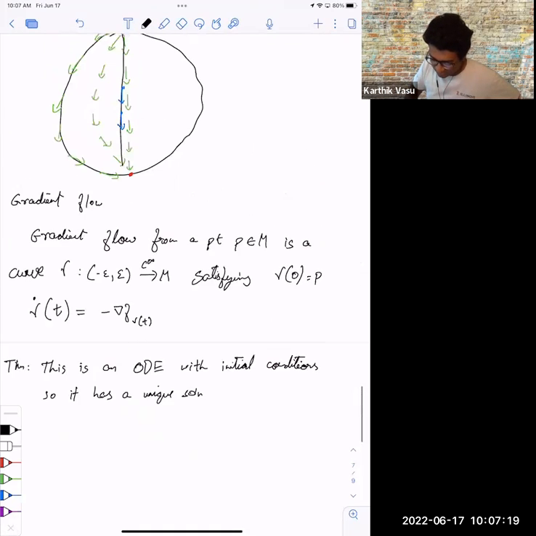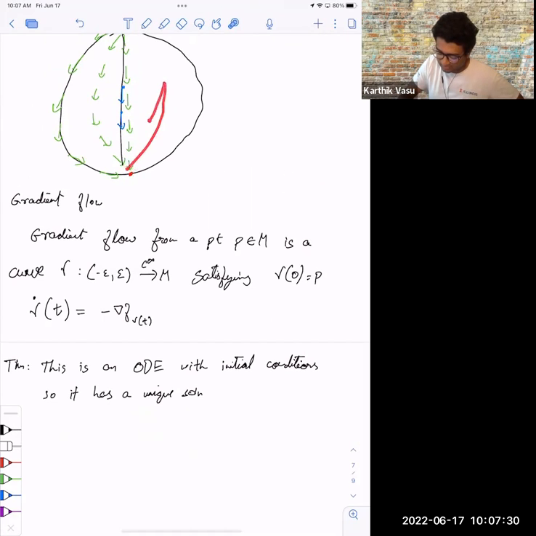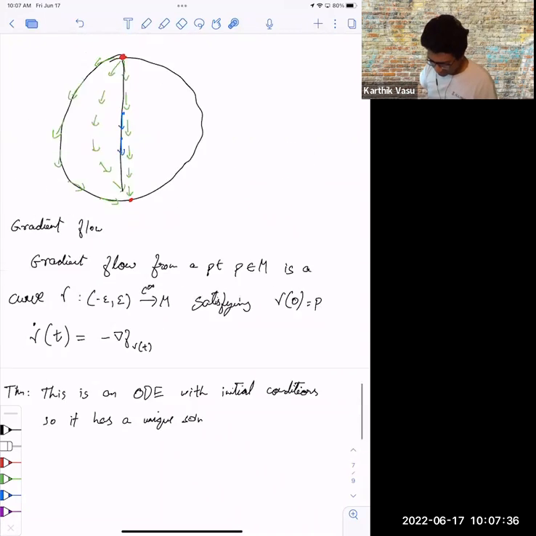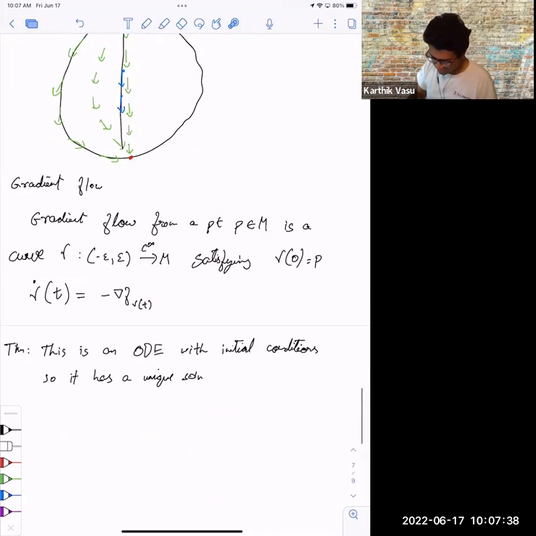So what it is saying is, given any point, if I have the vector field flow given, there will be one and only one flow which will go through it. You can't have one going like this and one going like this. There has to be only one of them. Another point I should mention is that this epsilon can be taken to be all of R. So this can go off to infinity. Epsilon can be taken as large as infinity.